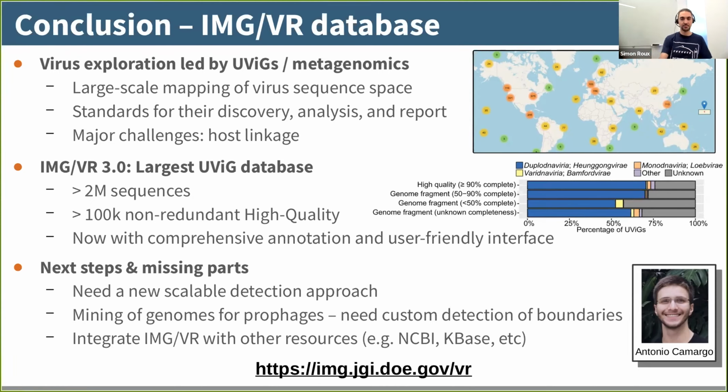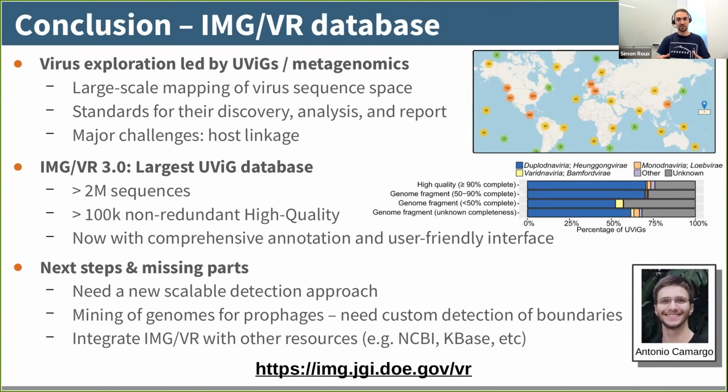Now, the next step and missing part: I do want to highlight Antonio Camargo, a scientist at JGI who recently joined us and is working on the next generation of IMGVR, which I'm convinced will be a really nice step forward, especially because we will update the detection approach. Unfortunately, we can't use out-of-the-box tools because of the scale of data.